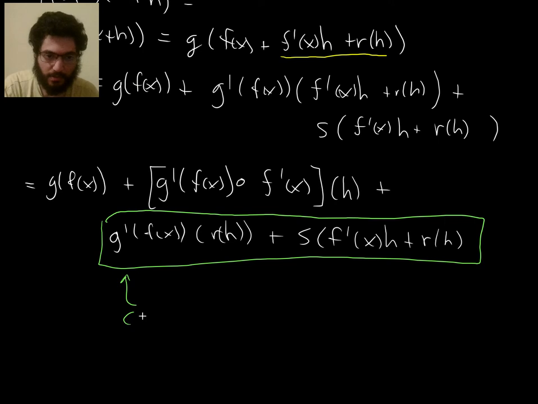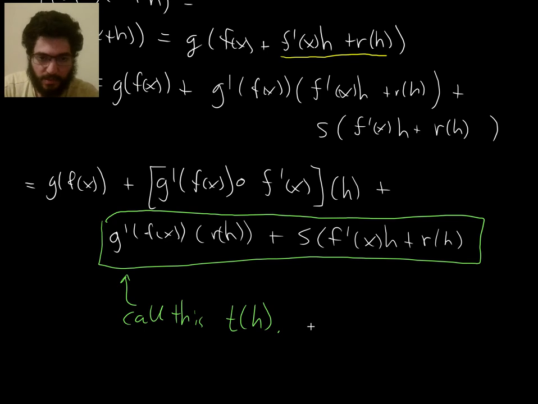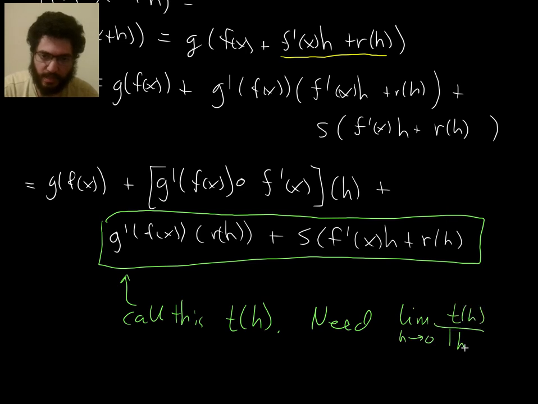So call this t of h. Then what we need is that the limit as h goes to 0 of t of h over norm h be 0. And last time this was much easier because I made a mistake, because I had this term correct, and then here I had s of h.